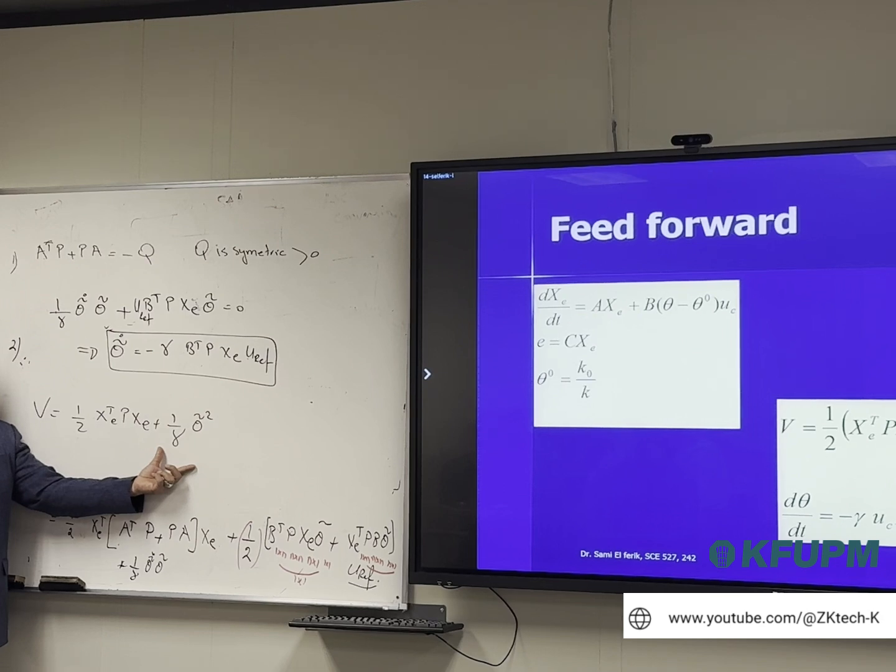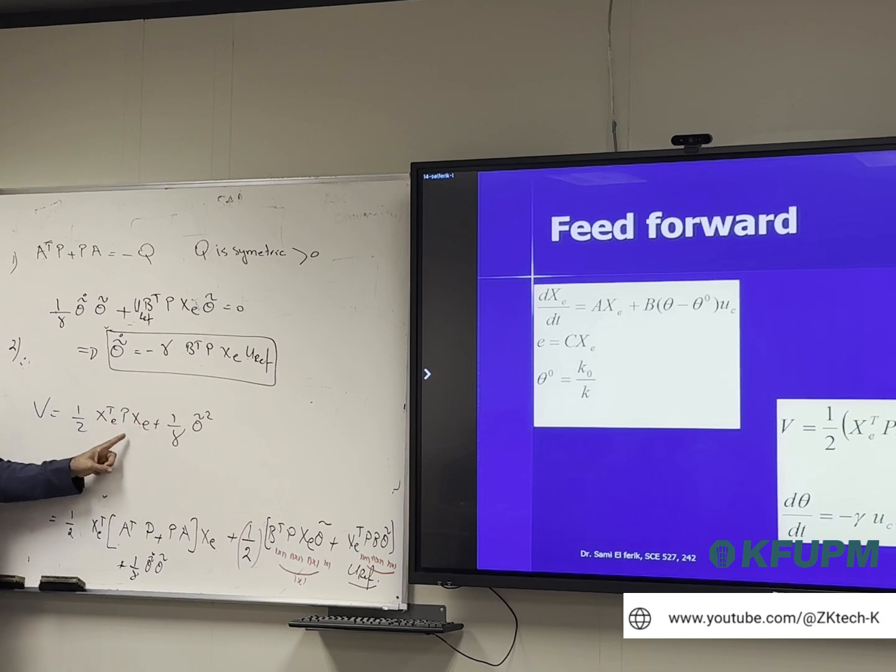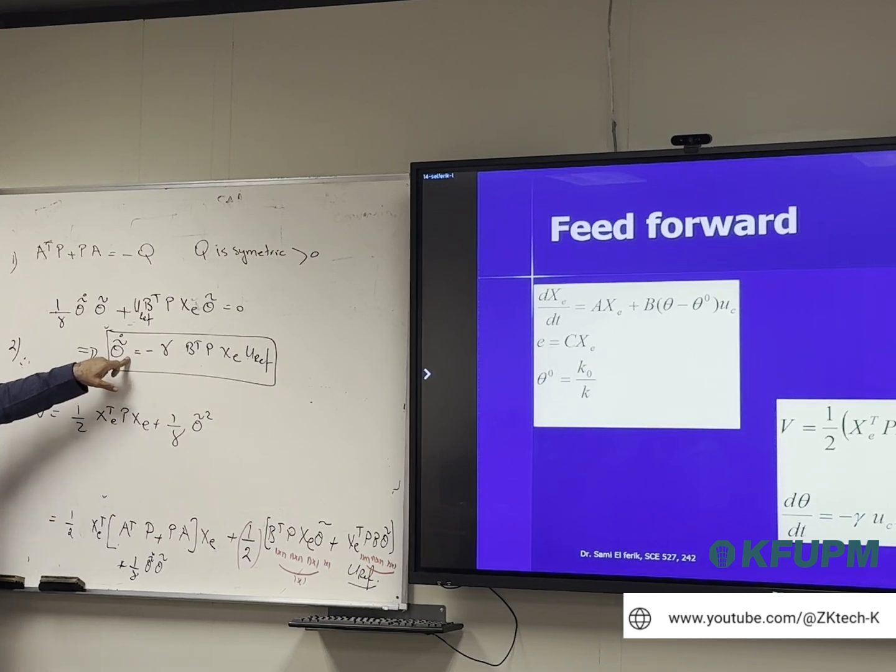What you are trying to do is to have V go to zero, or be minimum at least. But this equation is telling you that if x_e is zero, or closer to zero, that's minimum, then this derivative is also closer to zero, which means that it's closer to a constant. What is this constant? We don't know. So my remark is here first.